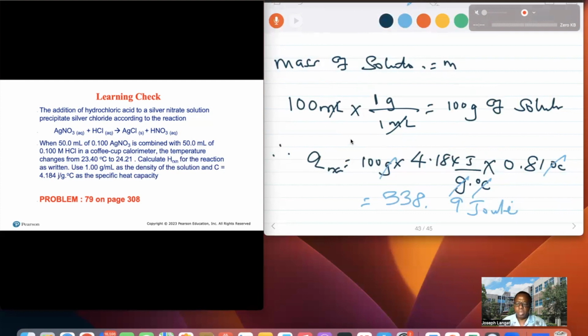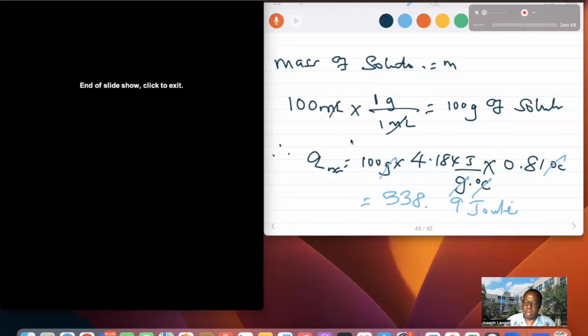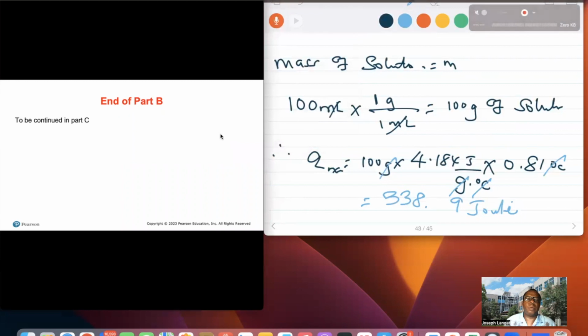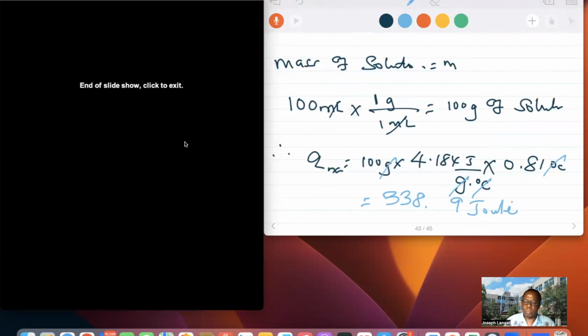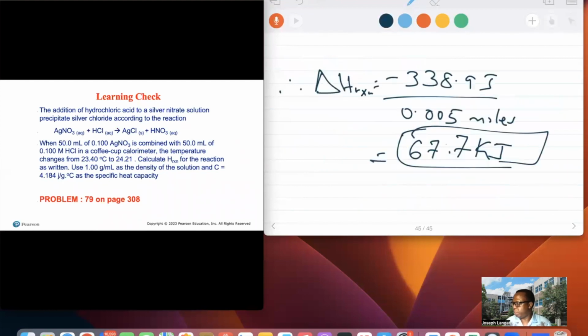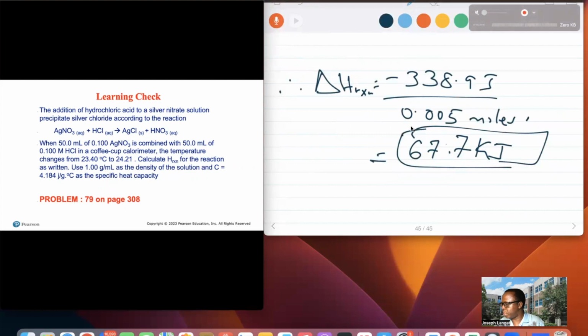And finally, you divide by the number of moles. There we have the heat of reaction as written. You divide by the number of moles of silver nitrate, AgNO3.